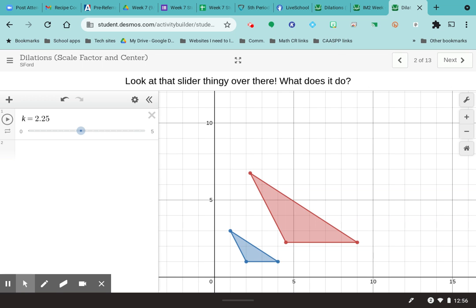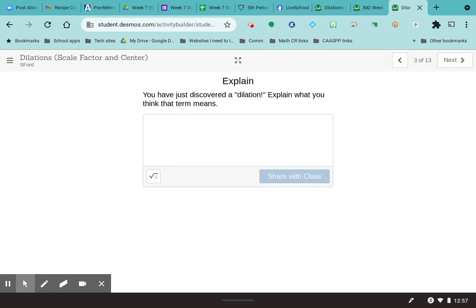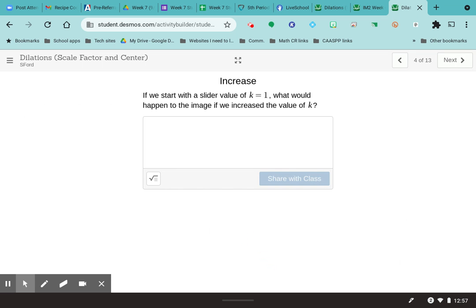So 200% the size of it, or 225% bigger. It's still the same shape, but a little bit bigger. This is called similar. They may be the same shape, they have the same angles, but their size is going to be different. It's called dilation.